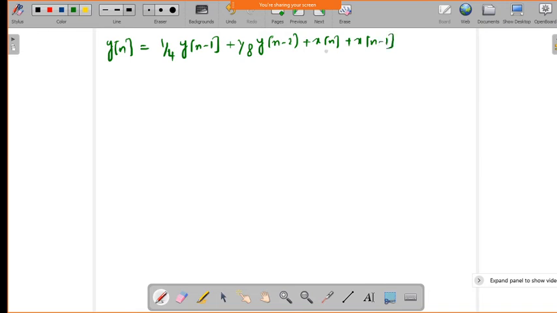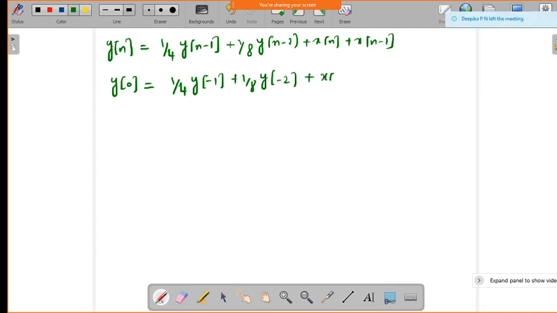Okay. So now find out what is y of 0. So y of 0 is 1 by 4 into y of minus 1 plus 1 by 8 into y of minus 2 plus x of 0 plus x of minus 1.